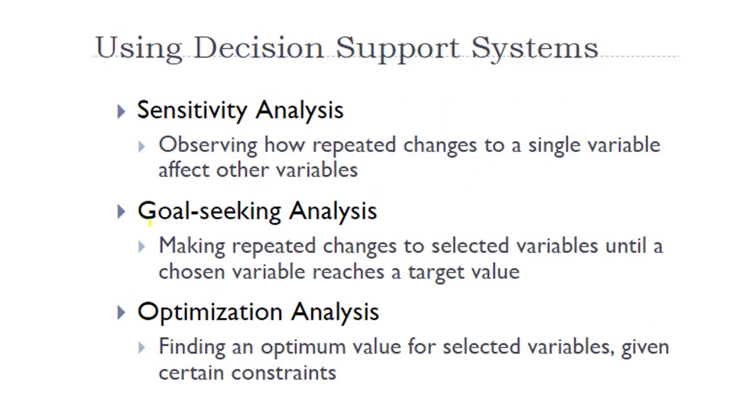We also have, in the DSS, sensitivity analysis, observing how repeated changes to a single variable affect other variables. And we have goal-seeking analysis, making repeated changes to selected variables until a chosen variable reaches a target value. And we also have optimization analysis. It means finding an optimum value for selected variables given certain constraints.